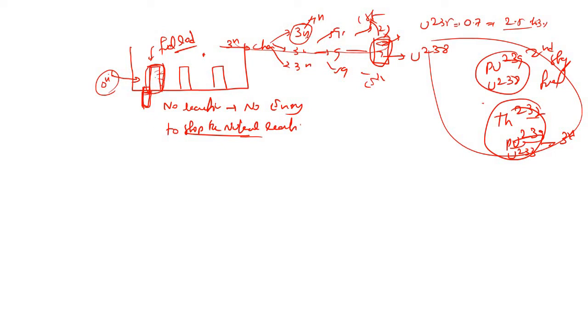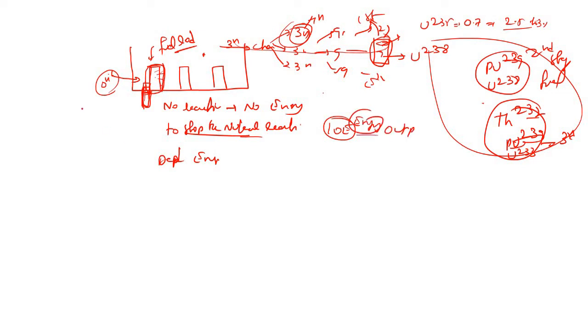But we want to control the number of neutrons depending upon the amount of energy required. Depending upon the energy required, we will insert the control rod accordingly. Okay, if we want 10 times energy, we will adjust the control rod so that the required amount of energy is produced as output.